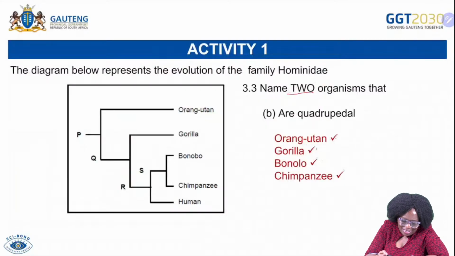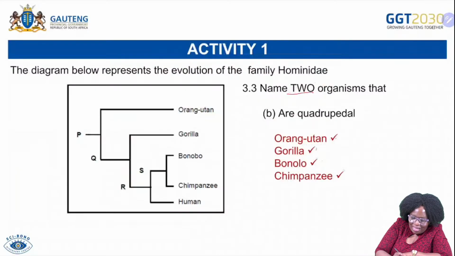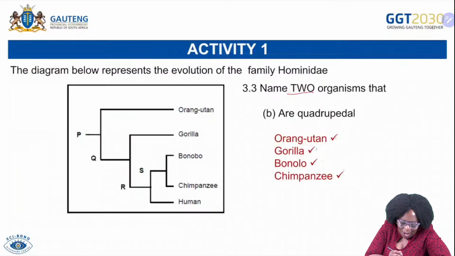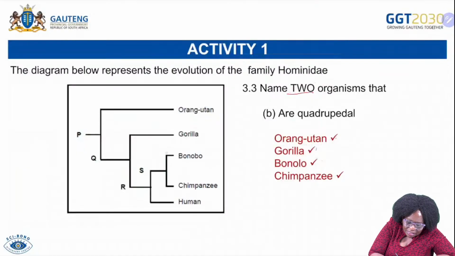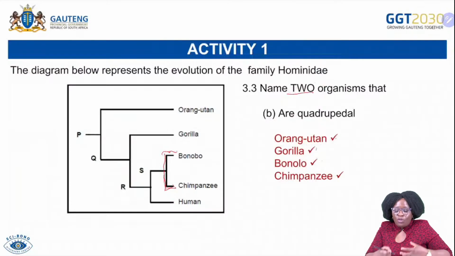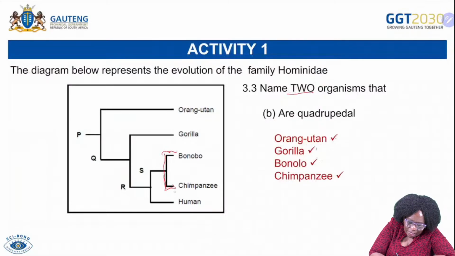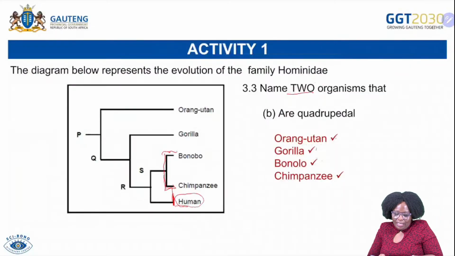And the question is, if you look at this phylogenetic tree, which one is the present time one? You can see that these lived primitively, bonobo and chimpanzee, hence they were still quadrupedal. But if you look at humans, check the line, the humans are the most recent organisms, and humans are not quadrupedal, but bipedal.